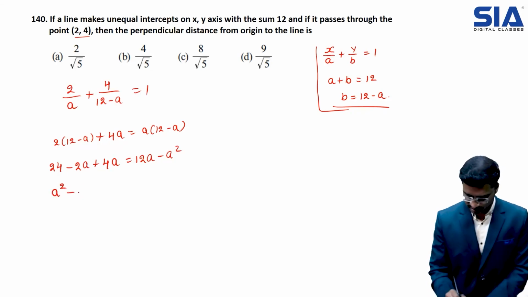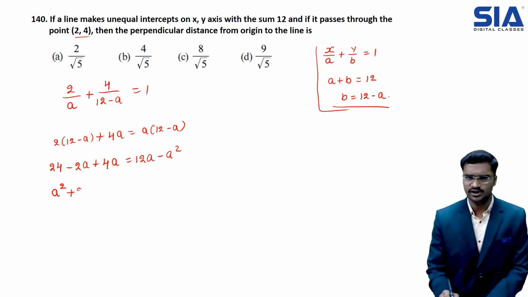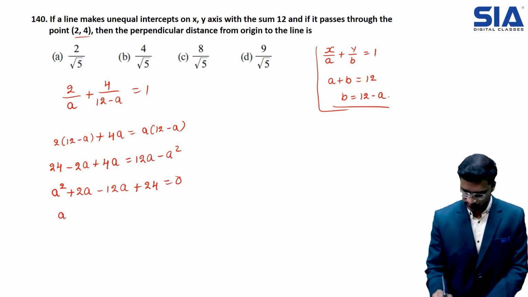So this can be written as a square plus 2a minus 12a plus 24 is equals to 0. Then a square minus 10a plus 24 is equals to 0.